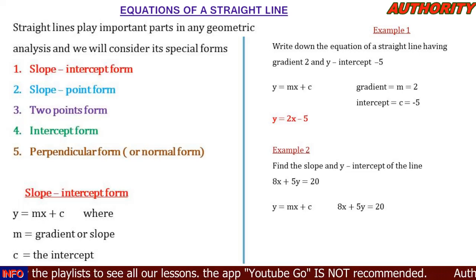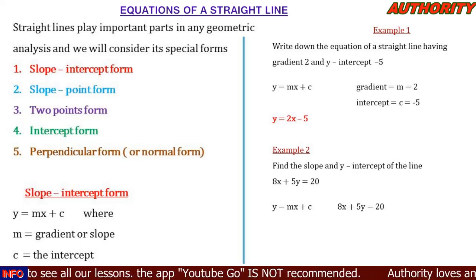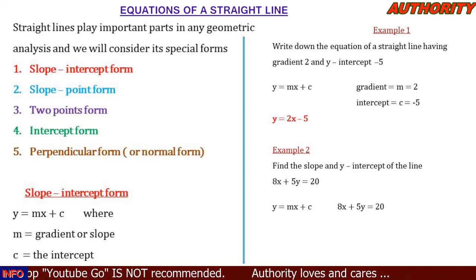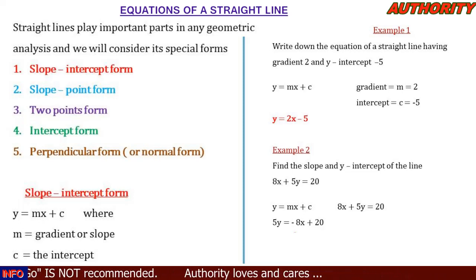That means we have 8x plus 5y equal to 20. Let's take 8x to the other side. That means we have 5y is equal to minus 8x plus 20. We are interested in making y the subject, so let's divide through by 5.